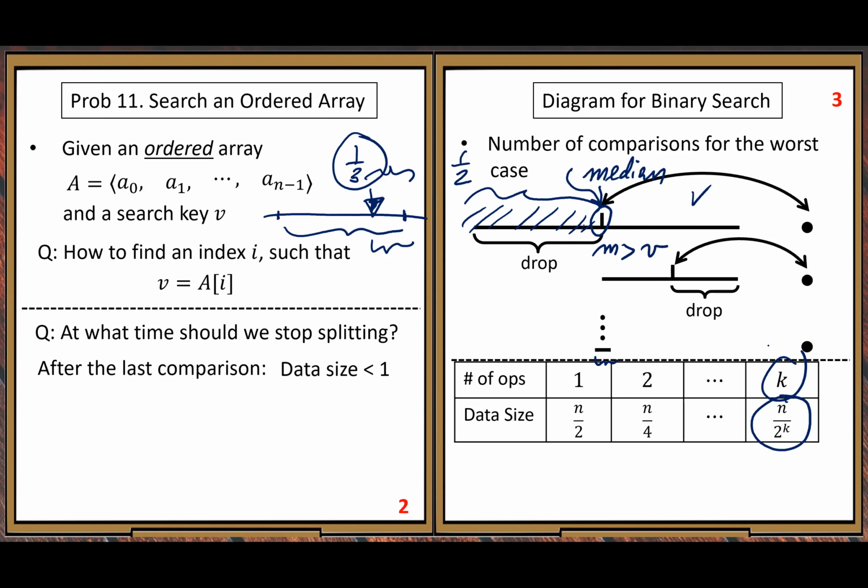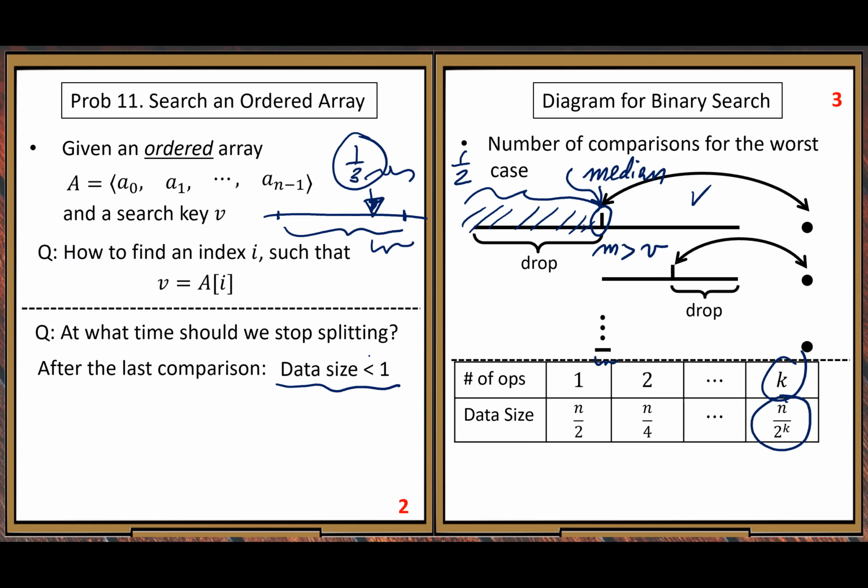Think about when the data size is less than 1, do you need to do further splitting? Data size less than 1, that means the remaining subarray can only cover one element, right? Cannot cover two elements, right?